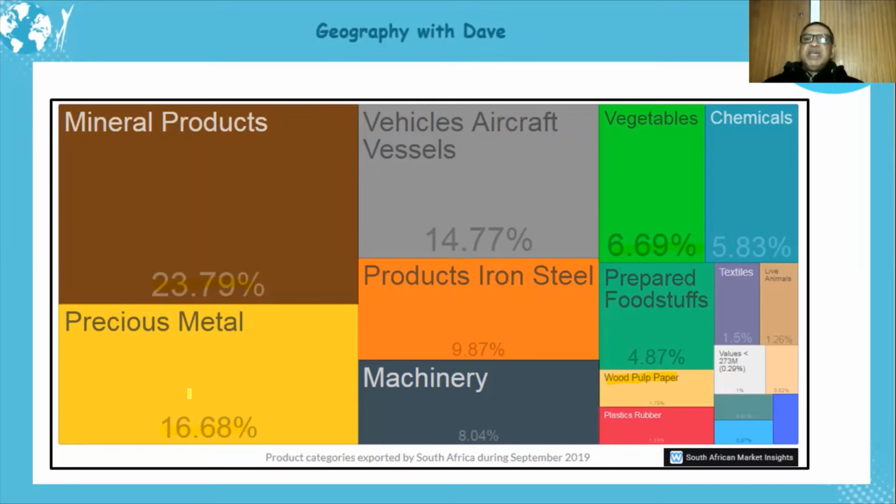Because we get far less than when we sell finished products to other countries, like machinery, aircraft, vessels. That's better. Prepared foodstuffs are indicated on this little resource that I have in front of me here.